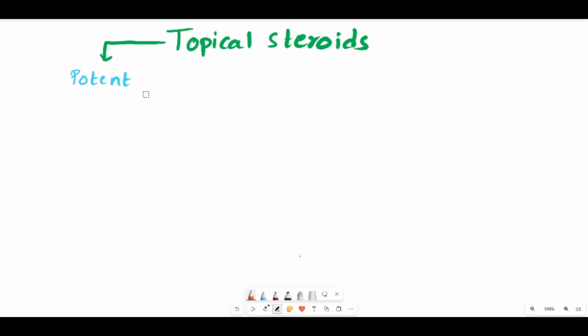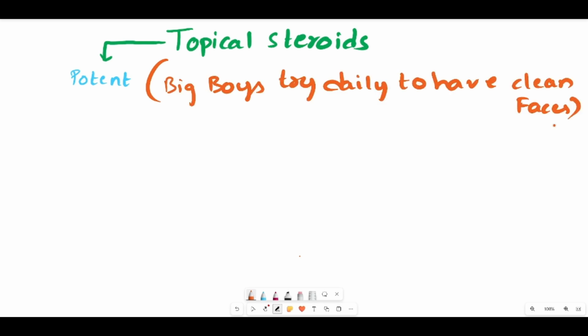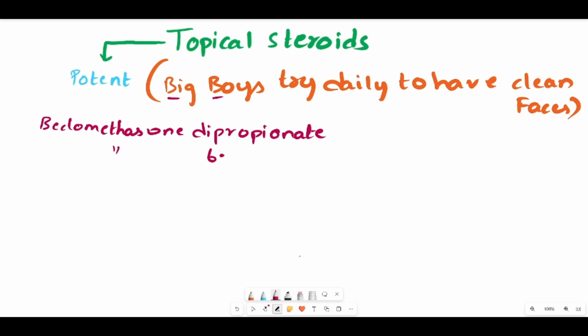In the first class, the potent class, to remember the drugs we have one simple sentence: so big boys try daily to have clean faces. B means beclomethasone, and this is additionally having dipropionate, and the other drug is beclomethasone benzoate, and one more drug is beclomethasone valerate.